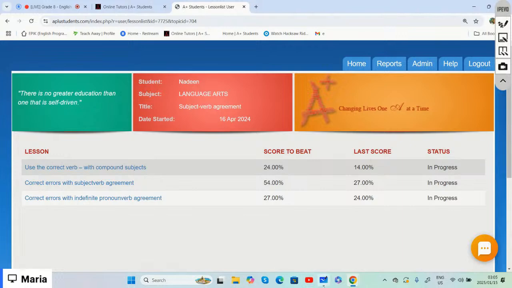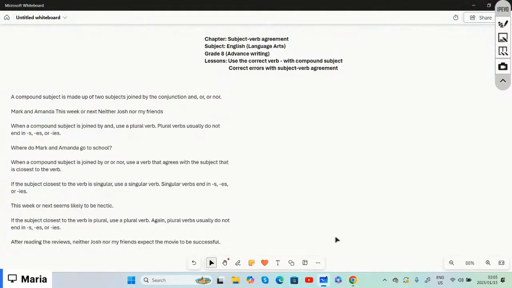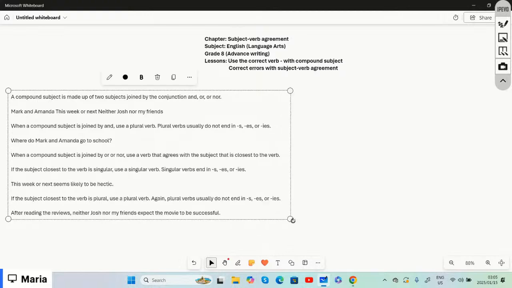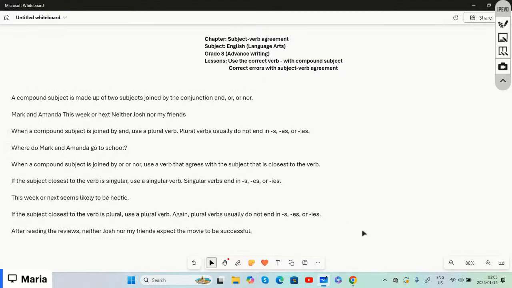All right, so our chapter is subject-verb agreement. Our subject is English language arts. We're doing grade 8 advanced writing.